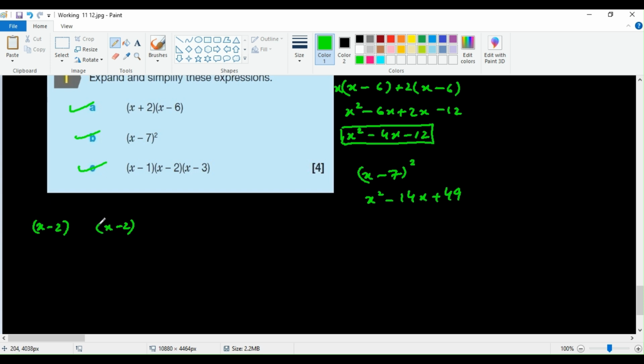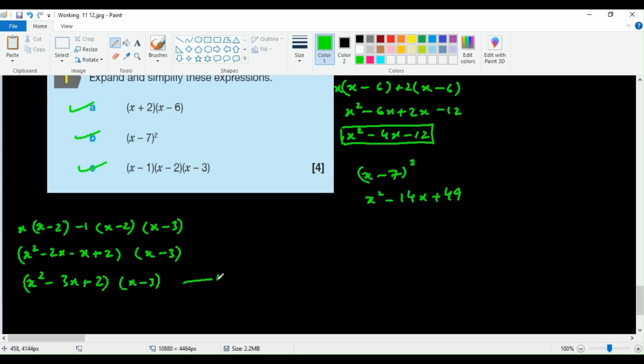So I will write x minus 2 two different times, and I will write x minus 1 like this, and keep this x minus 3 as it is, no change, to give you x square minus 2x minus x plus 2. And put this in one bracket, keep it as it is, and x square minus 3x plus 2 comes in the first bracket, and the second bracket gives you x minus 3. So you will get 1 mark over here.